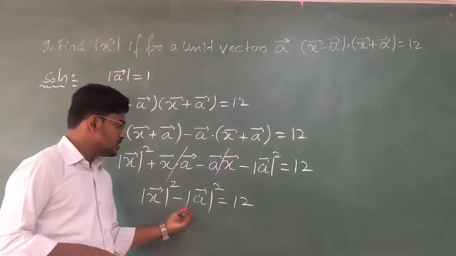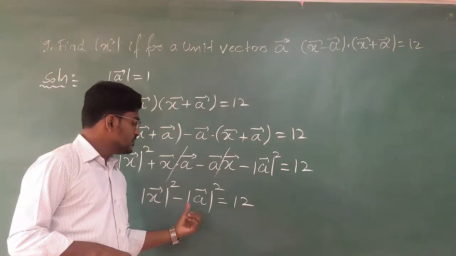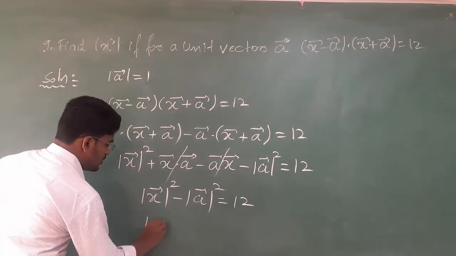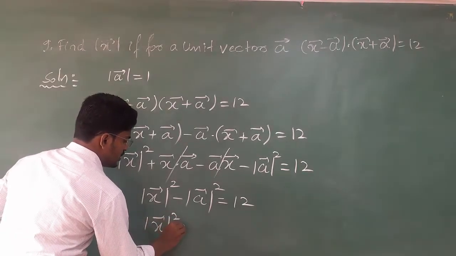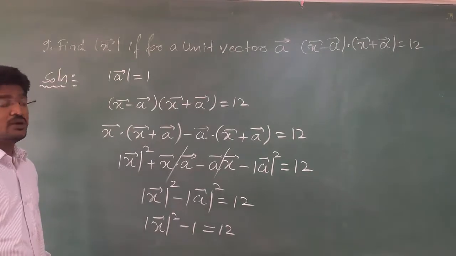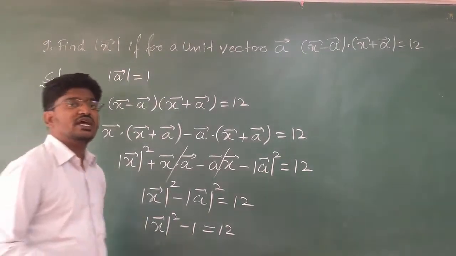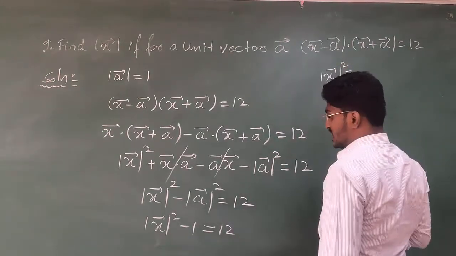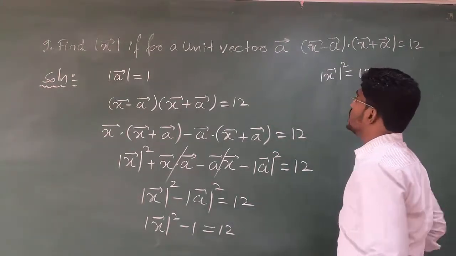You write here, this will be minus 1. If I take that minus 1 on that side, it will be 13. Clear? So magnitude of vector x square minus 1 equal to 12. You take minus 1 on that side, it will be magnitude of vector x square equal to 13.